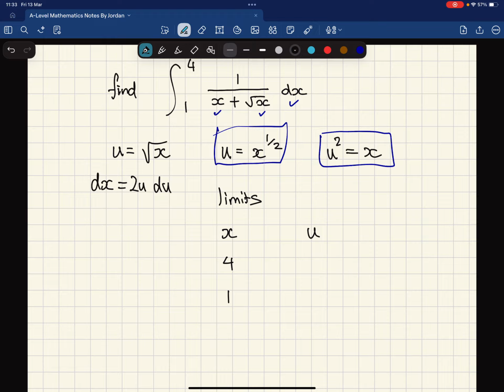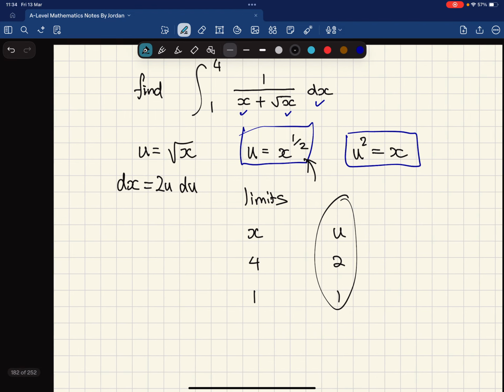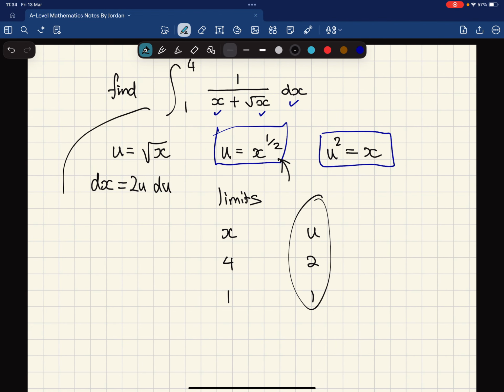So to get u, as it says here, all we do is square root x. So the square root of 4 being 2, and the square root of 1 being 1. So these are our limits. So this integral is just going to change into the integral from 2 to 1. X in the denominator here is going to be u squared.